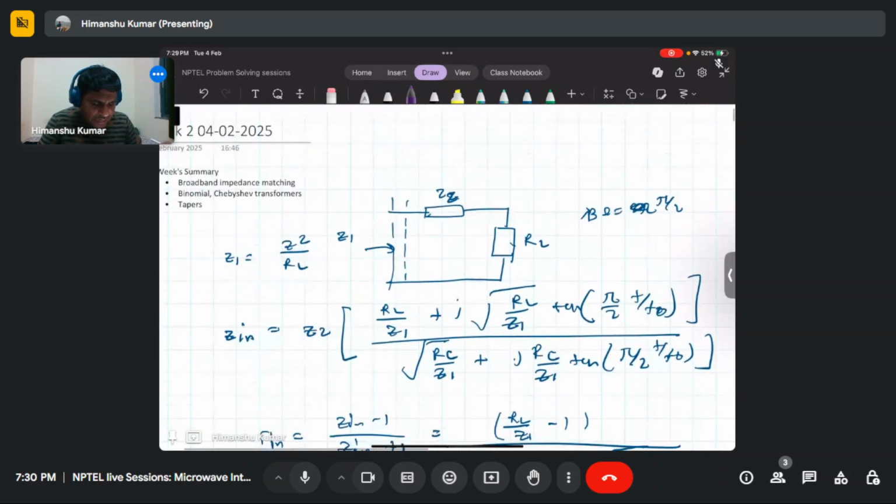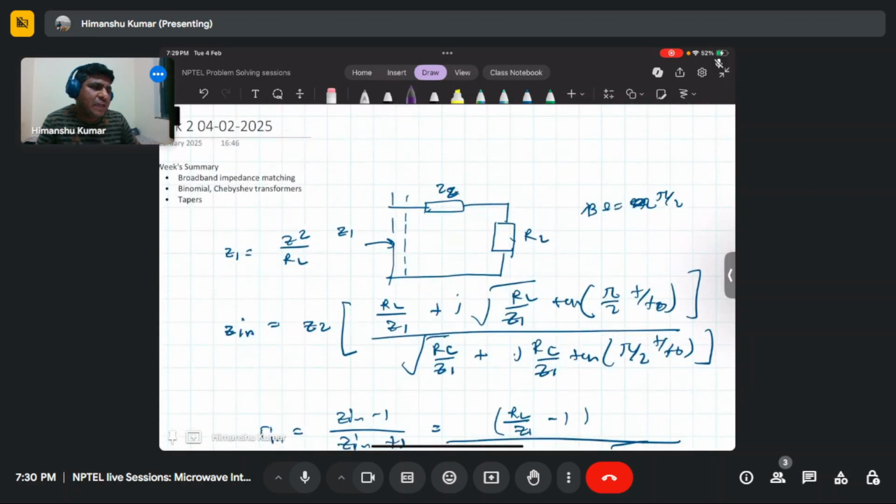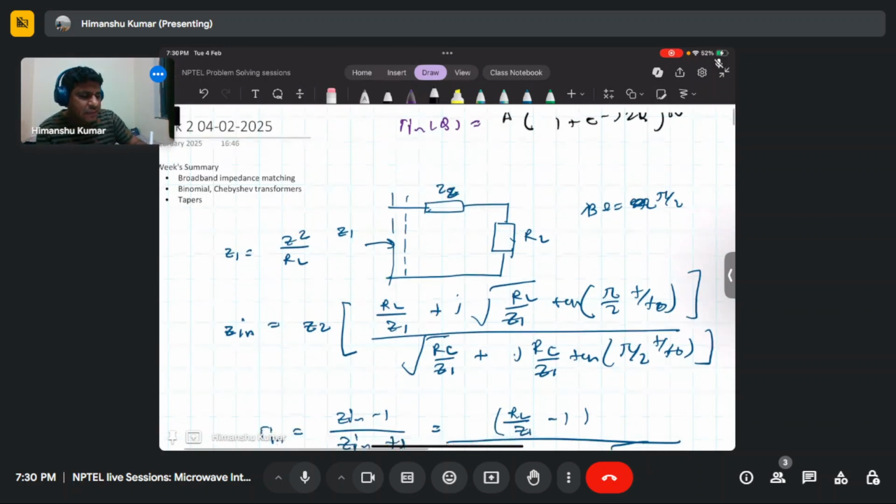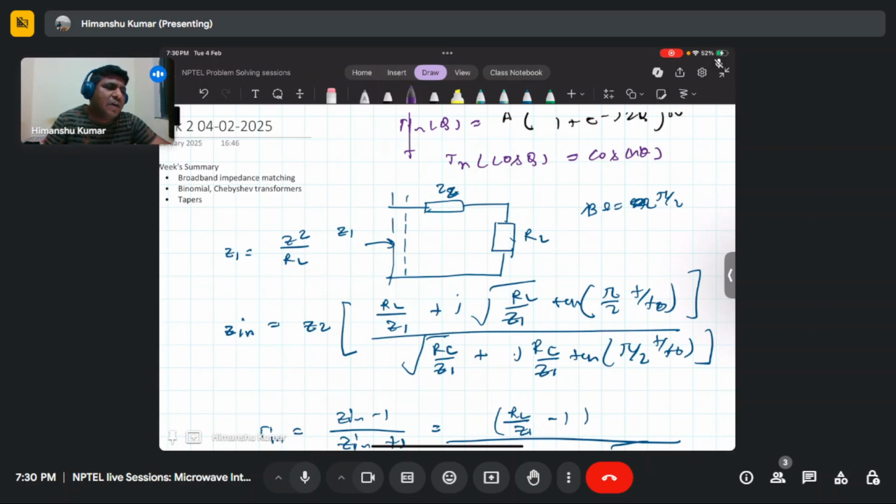For example, the binomial, where gamma in as a function of theta forms a binomial expression, 1 plus exponential of minus j times 2 theta, a binomial series. There are also higher-order ones, the Chebyshev polynomials, which satisfy cos of n theta kind of expression. These are known as Chebyshev transformers.